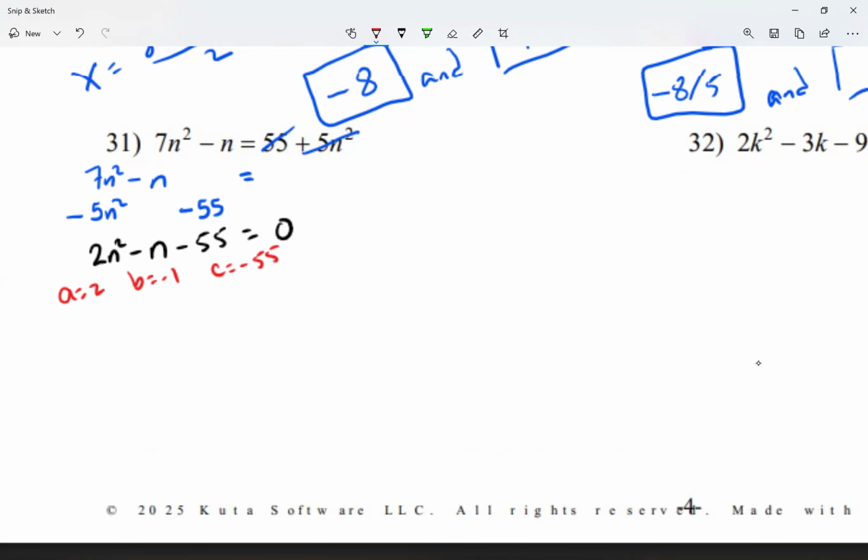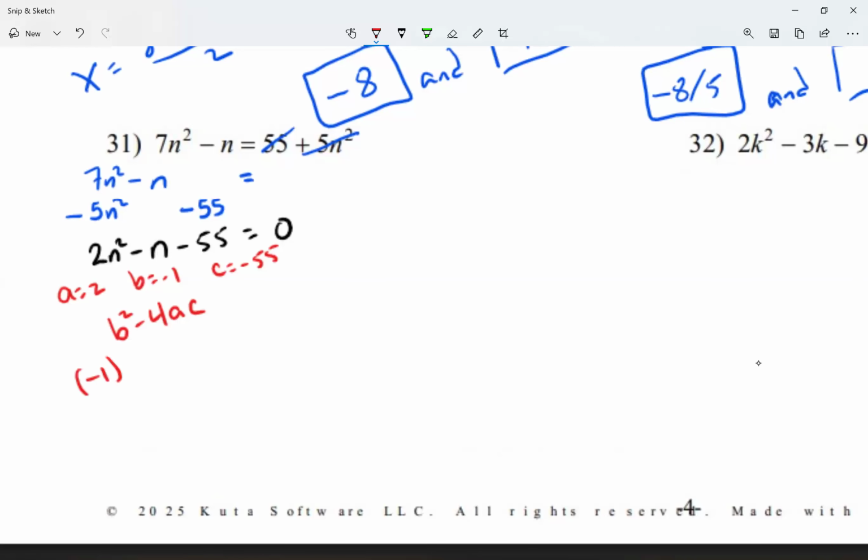Remember how I do my discriminant first? B squared minus 4AC. As a matter of fact, let me even write it down. B squared minus 4 times A times C. So I have -1 squared minus 4 times 2 times -55. I know -1 squared, so -1 times -1, that's +1.